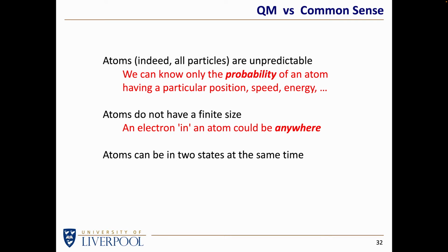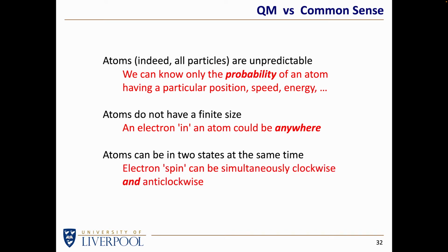Third way in which quantum mechanics doesn't agree with common sense: atoms can be in two states at the same time, which is like saying an electron can spin clockwise and it can spin anti-clockwise, that's fine, but it can do both of those at the same time.